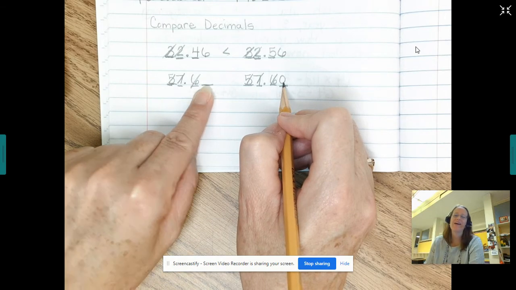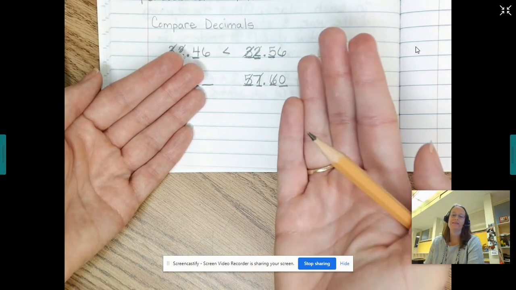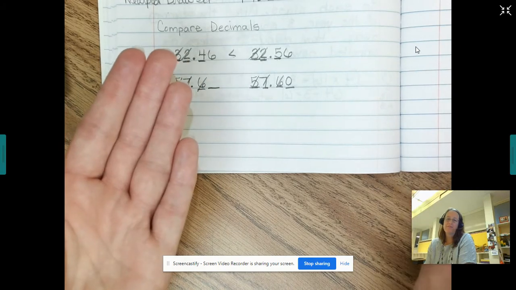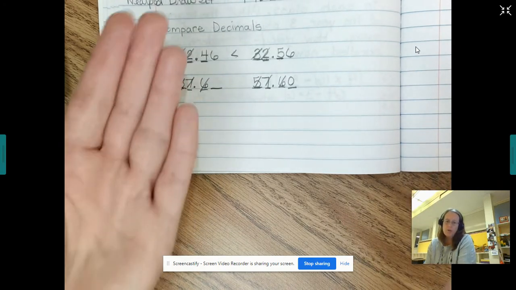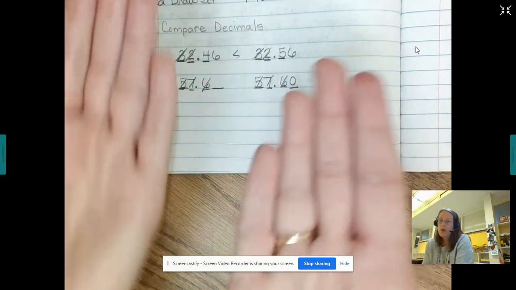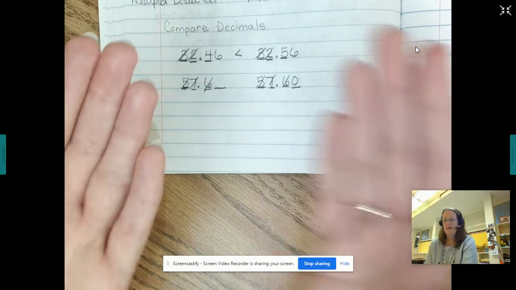I know. Guys, nothing is the same thing as 0. If I'm holding nothing in this hand, no donuts in this hand, and 0 donuts in this hand, I'm holding nothing in both hands. They're the same.